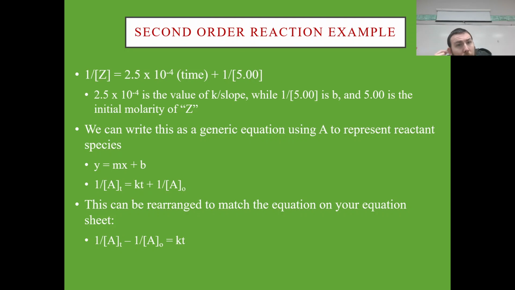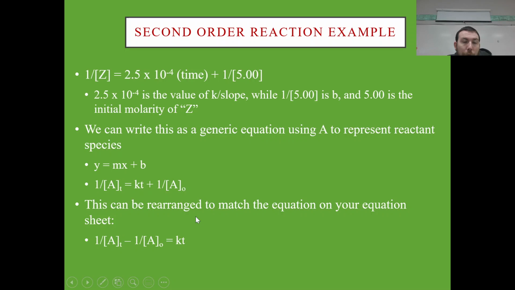Now here's an example. You've got 1 over A equals 2.5 times 10 to the negative fourth times time plus 1 over 5. So again, 2.5 times 10 to the negative fourth is the k value. That's our slope. 1 over 5 is our b value, and 5 is our initial molarity. We've got it written where we can see here's our slope-intercept form.